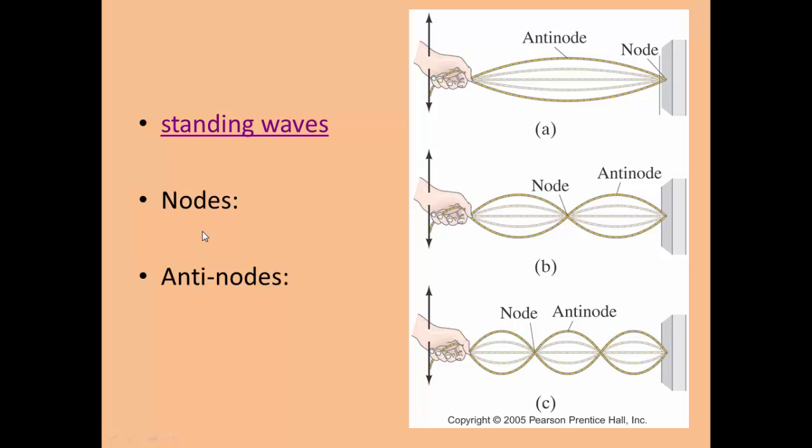When we are vibrating our hand here and we're looking at what's going on, if we vibrate our hand a certain amount, we're going to end up with what looks like half a wavelength of a wave here, with the maximum point called the antinode and the minimum point, the point that doesn't move, called the node. So nodes are places that are at rest on a standing wave.